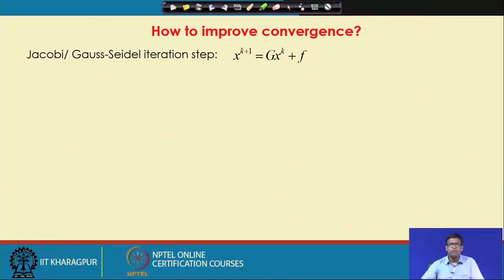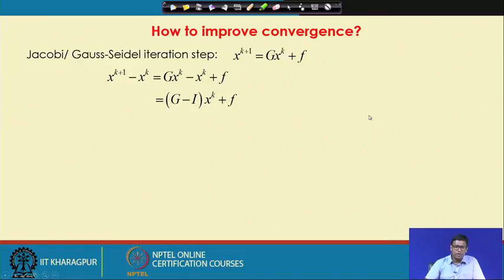Now, if we try to improve convergence, that means if we try to take M and N in some different way, so that G has a smaller spectral radius, can we do that? Again we will start with some intuitive idea here, and we will see the effect on the spectral radius later.